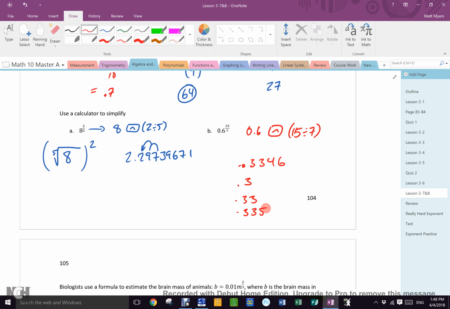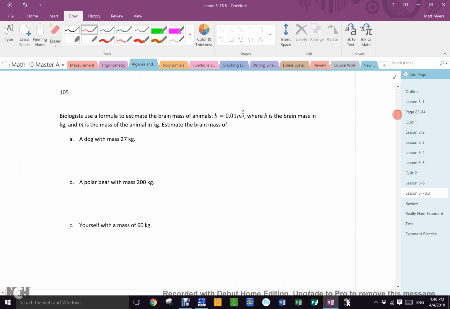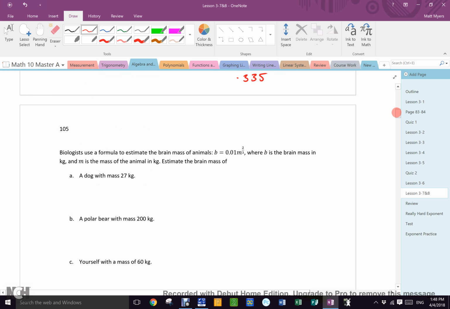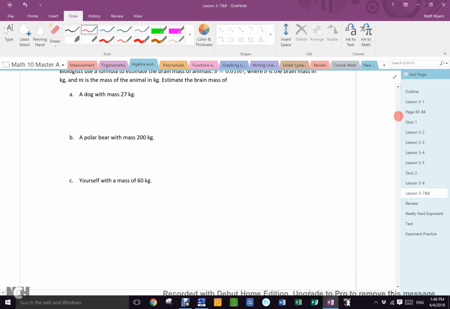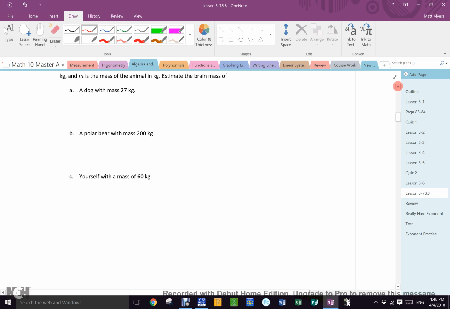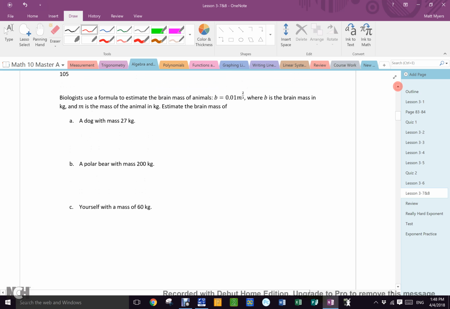Now, we're going to do these 3 questions together, and then we're going to write our quiz. So, here is a formula with B's and M's in it. Are those values explained in the question? Yes. B is the brain mass, and M is the mass of the animal.